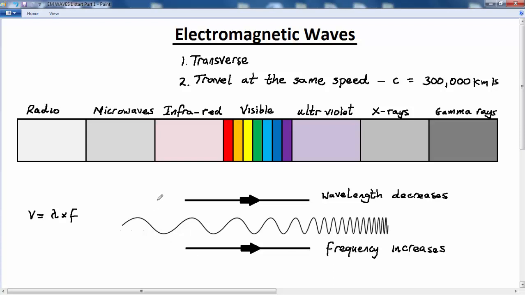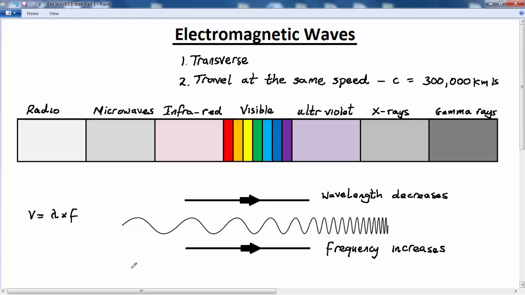Now, as we'll see in a minute, electromagnetic waves are very important in the area of communications and telecommunications. What basically is important in communications is how much information you can carry using a particular type of EM wave.